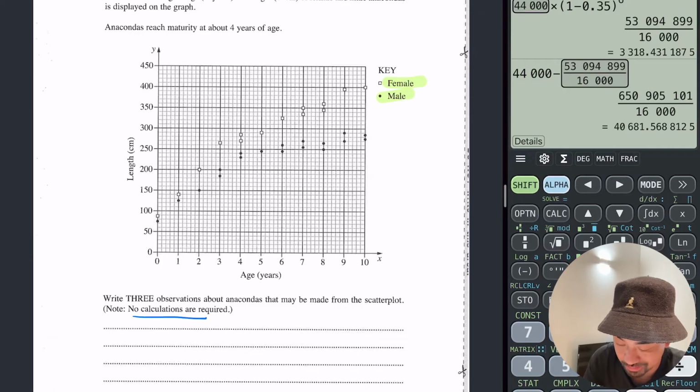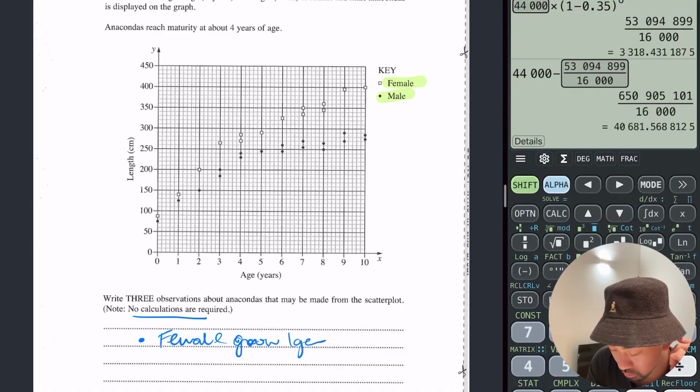I guess, what can we say? We can say females grow larger than males. What else can we say? We say 3 observations from the scatterplot.